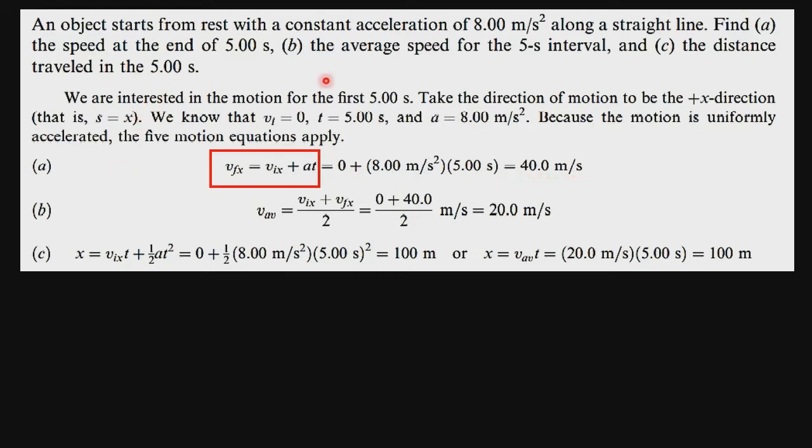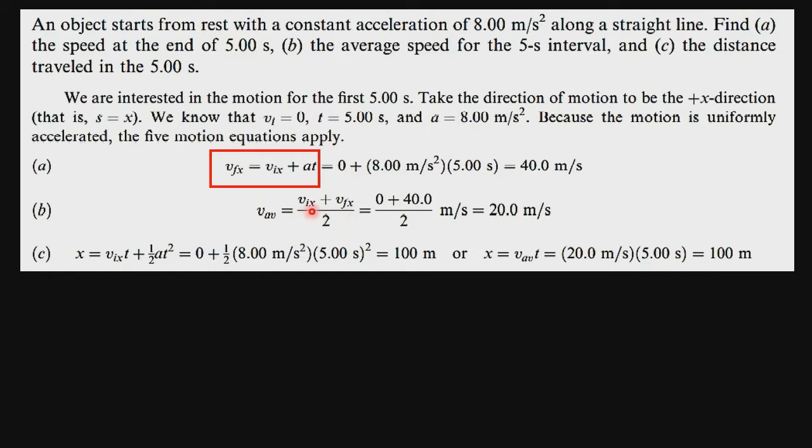Now letter B, the average speed. Letter B asks for the average speed for the 5-second interval, and so we can again make use of the average velocity. The formula is the initial velocity plus the final velocity, divided by 2.